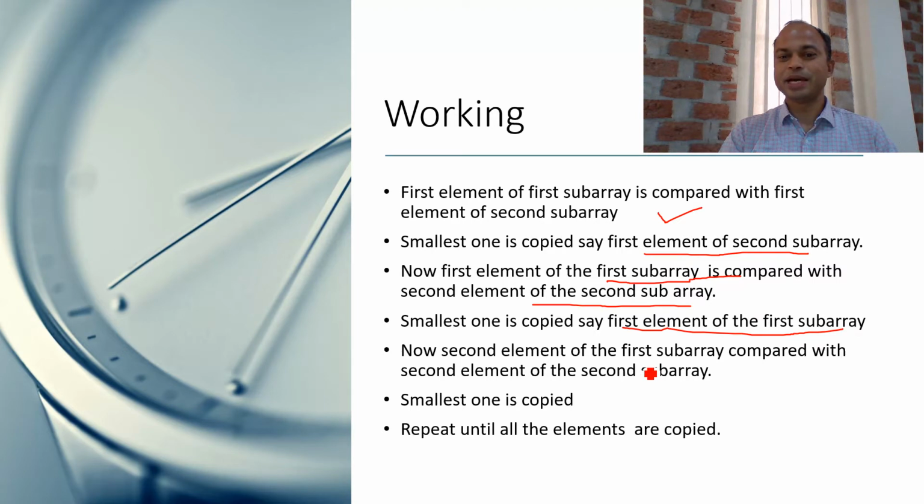After it, we compare the second element of the first subarray with the second element of the second subarray. The smallest one is further copied. So we are copying the smallest item, and after copying we move to the next element. Further comparison is done, and finally we get all the items in sorted order in the third array.